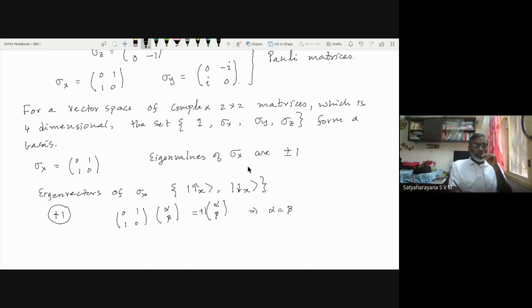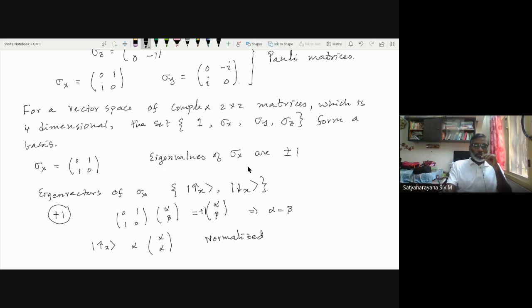So the eigenvector up x is proportional to alpha alpha. Since alpha equals beta, I will write it like this. So I can normalize this one. The eigenvector has to be always normalized, because that should be the unit vector in that direction.